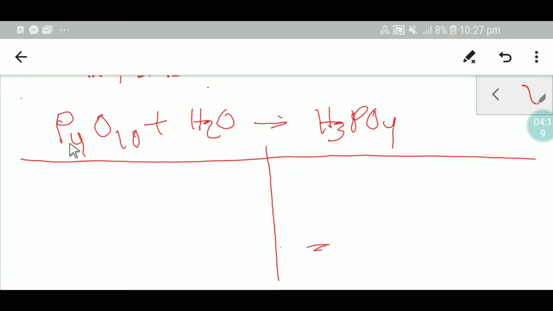In the reactant side, we have here 4 phosphorus, and here we have 10 oxygen, plus here we have 1 oxygen, and that gives us totally 11 oxygen. Many people forget to add this oxygen with that, and here we have 2 hydrogen.